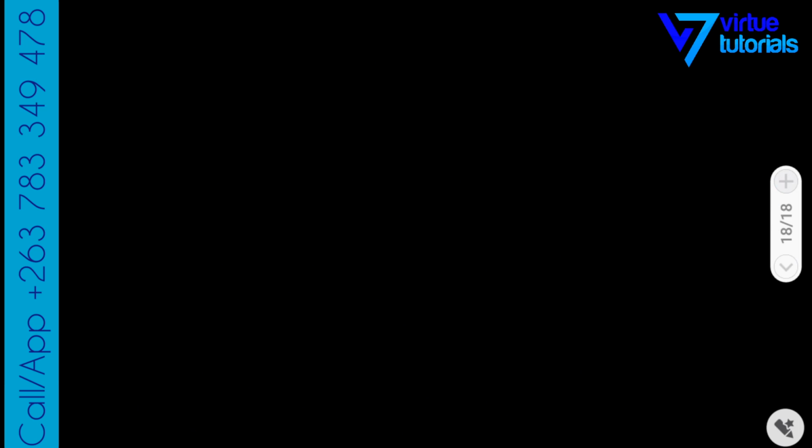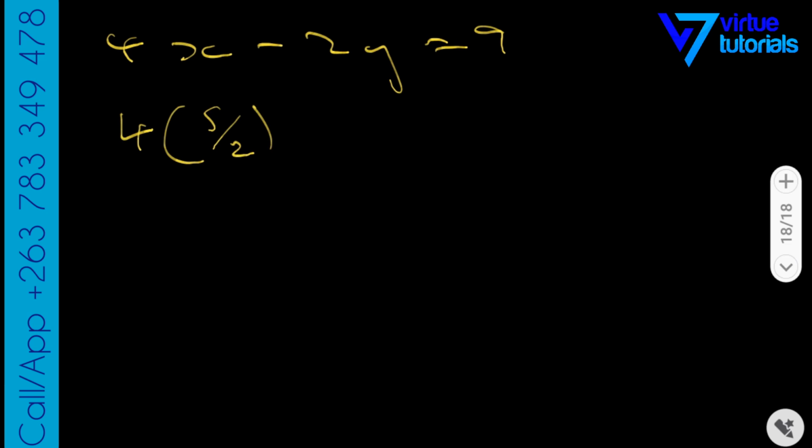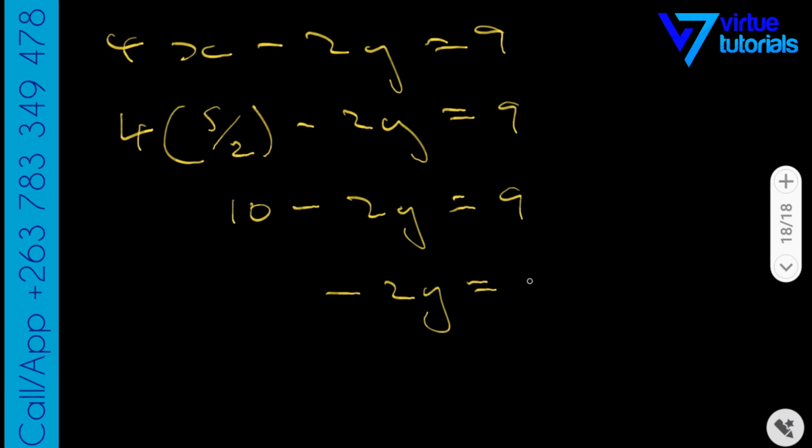So 4x minus 2y is equal to 9. 4 times 5 over 2 minus 2y is equal to 9. So 4 times 5 is 20. 20 divided by 2 gives you 10, right? So 10 minus 2y is equal to 9. Take 10 the other side, minus 2y is equal to 9 minus 10.